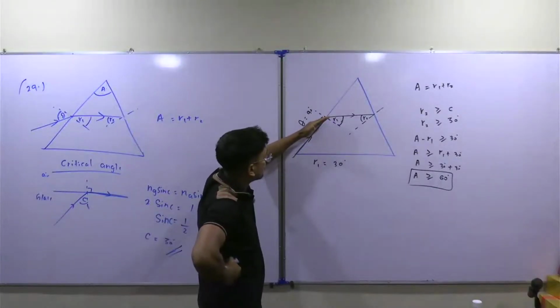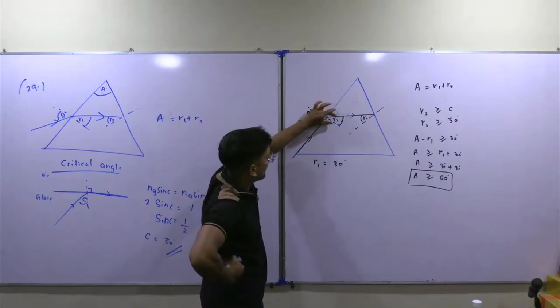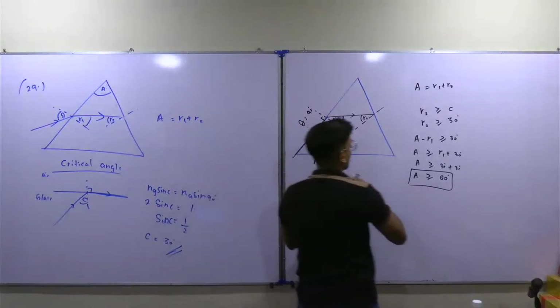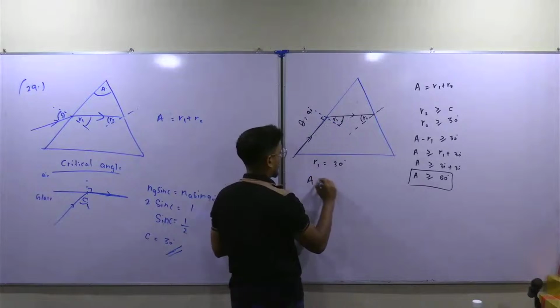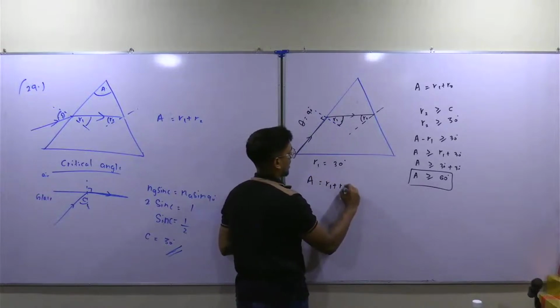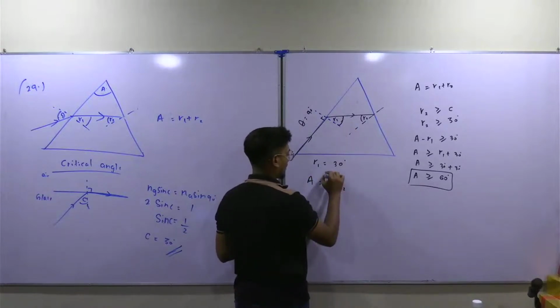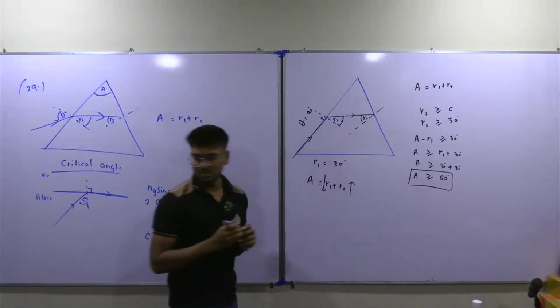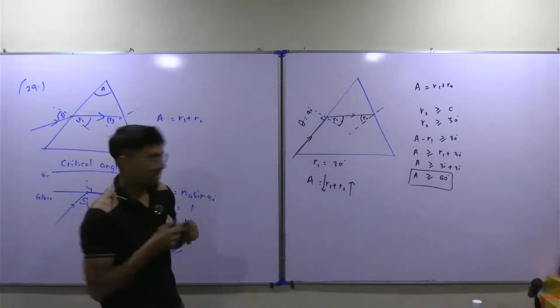When theta is lesser than 90, what happens? This R1 will decrease. According to the equation A equals R1 plus R2, when R1 decreases, this R2 will increase, right? The prism angle is a constant, right?